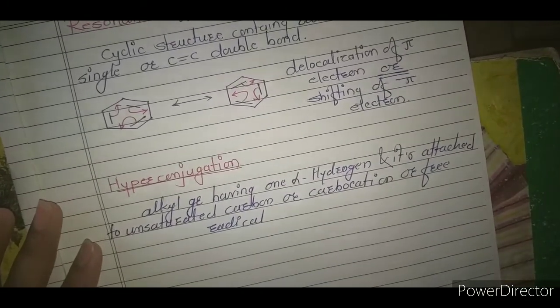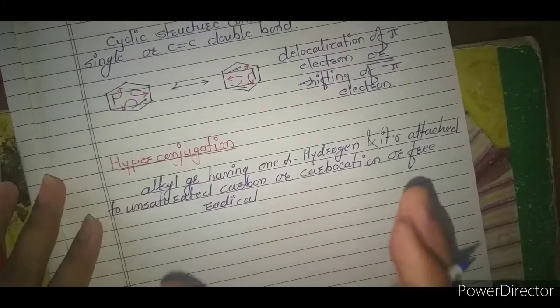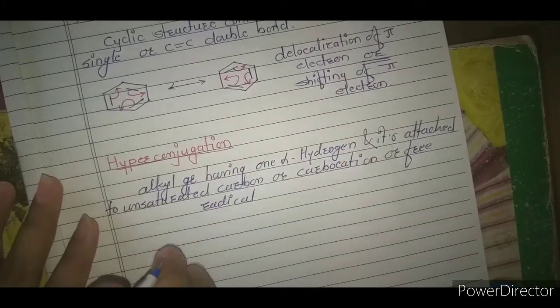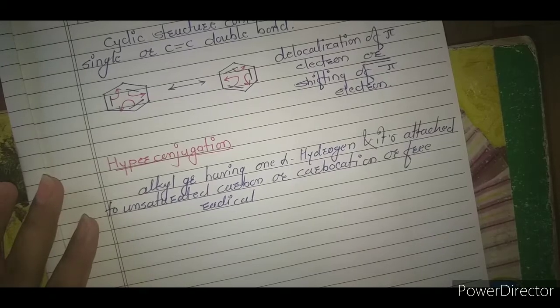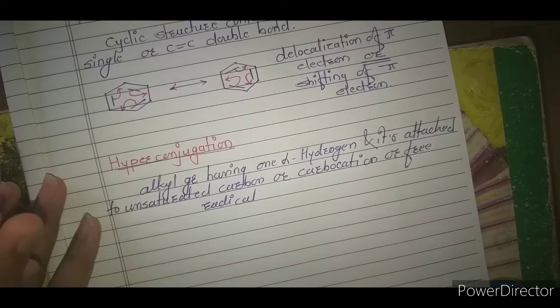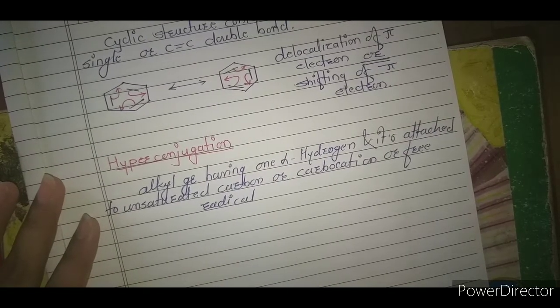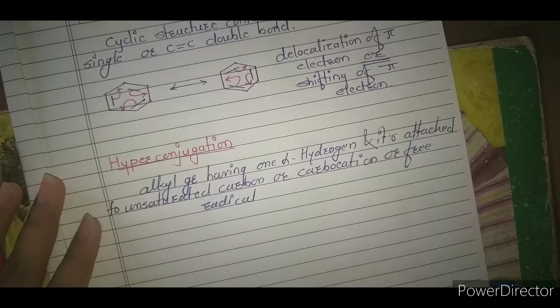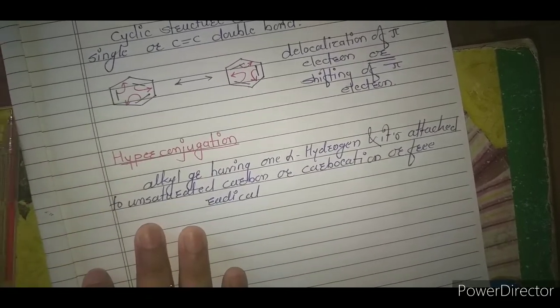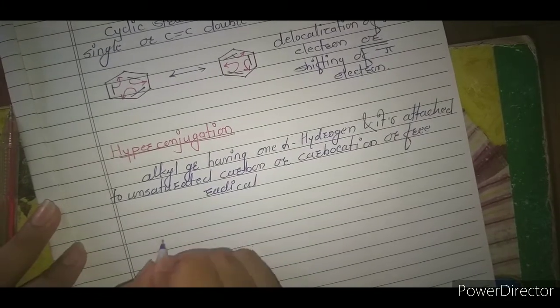Hyperconjugation occurs in those compounds which contain alpha hydrogen, and this alpha hydrogen is attached to an unsaturated carbon, carbocation, or free radical. Okay, so take an example.